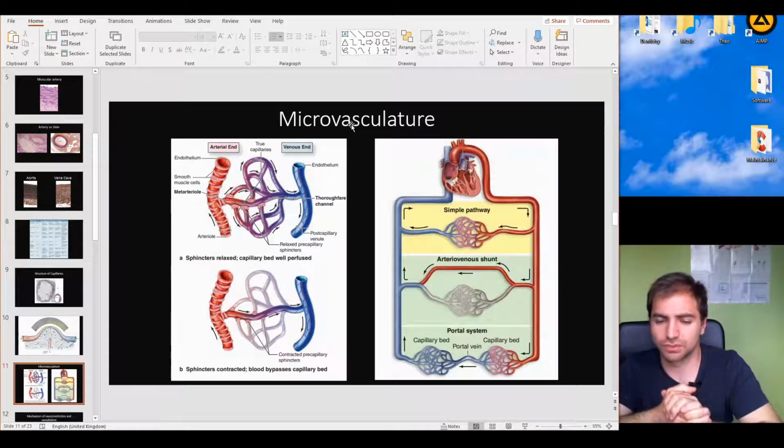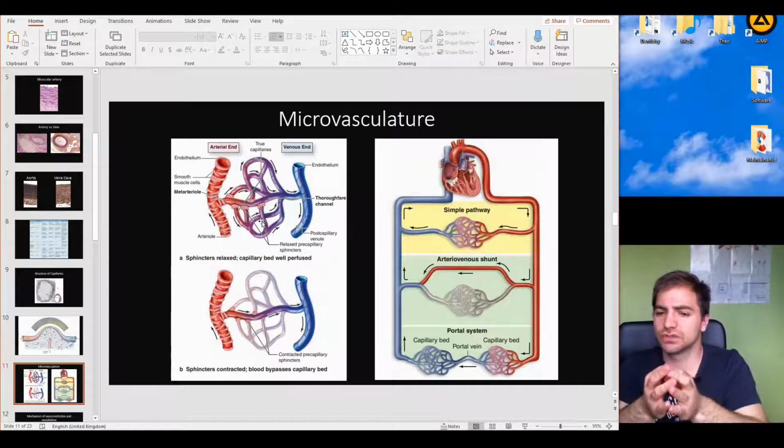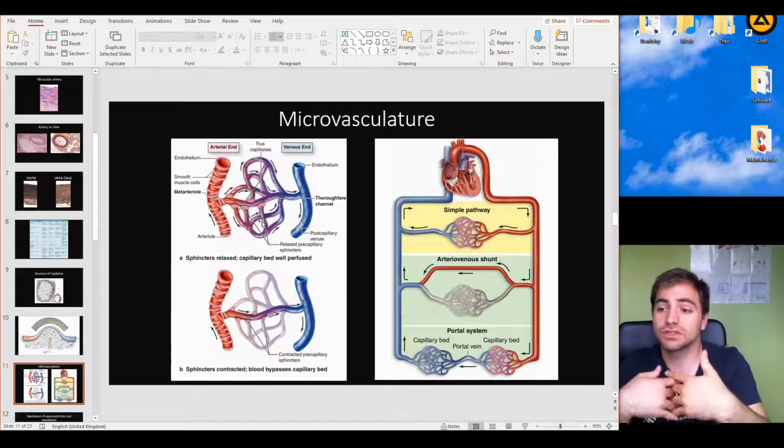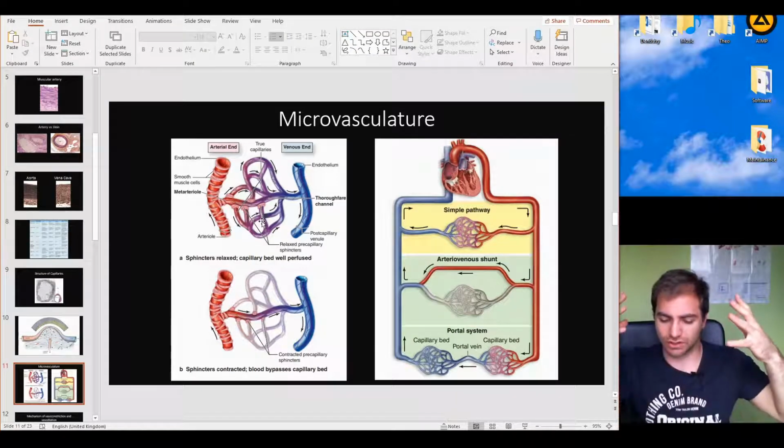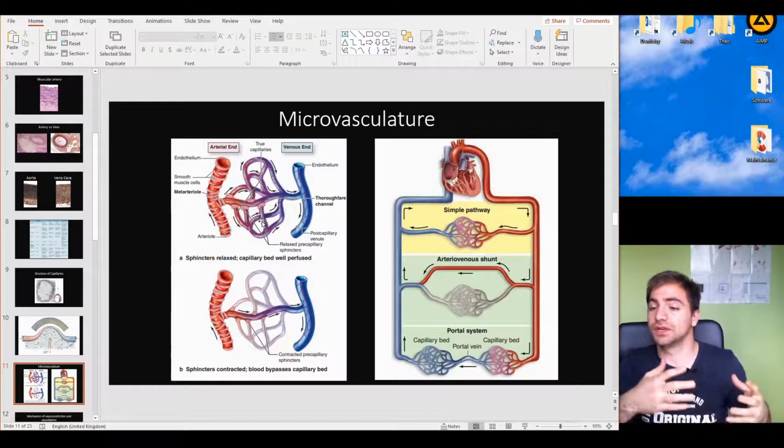In the case of exposure to cold, we're going to have the activation and the contraction of the pericytes. So of course there's going to be less blood going to this area, and the blood is the primary form of heat in the human body, the one that transfers heat from one place to the other.